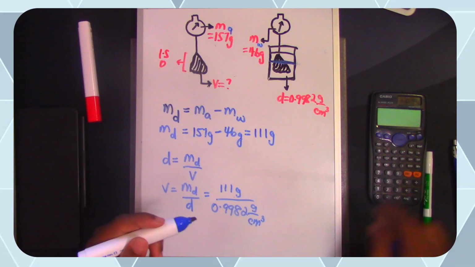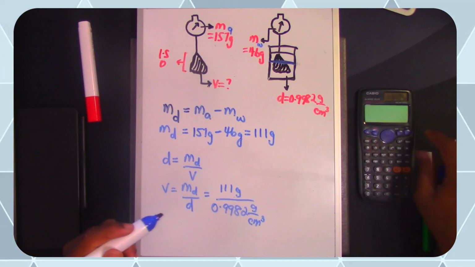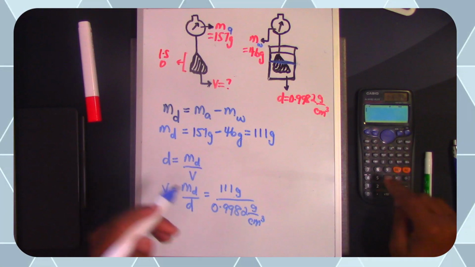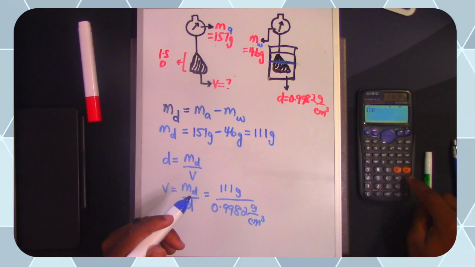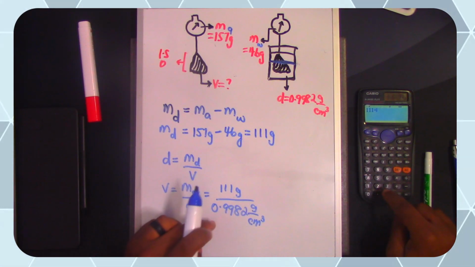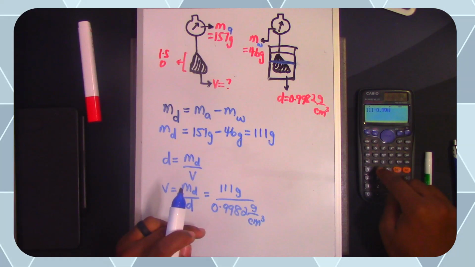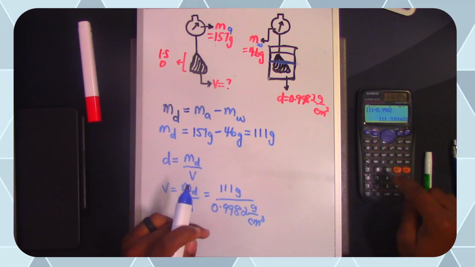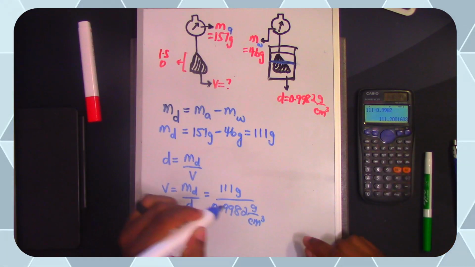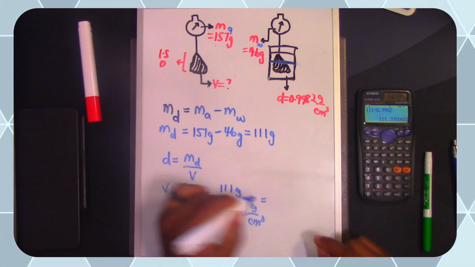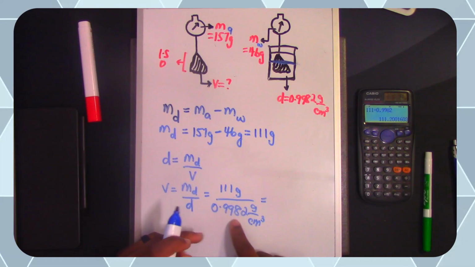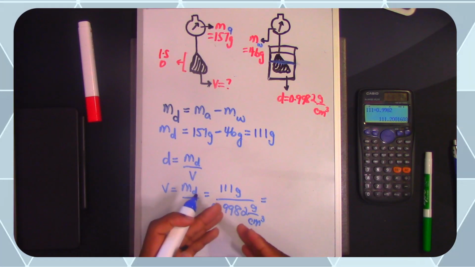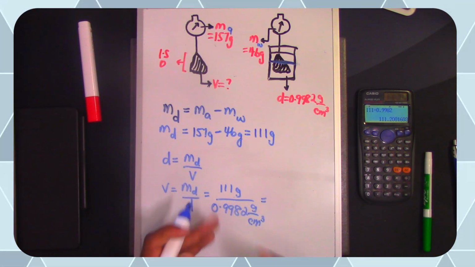Once we do the math by punching this into a calculator, we see that this value divided by this value for the density of water is equal to what? In this case, the density is almost equal to 1 in terms of rounding to the nearest whole number.